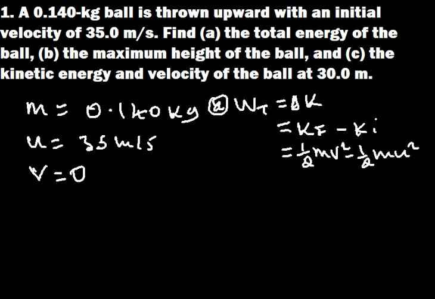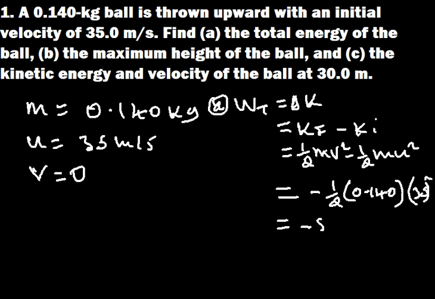That's what it means there. In this case, the final velocity will be given as 0. So we have negative half times the mass, 0.14, times the velocity, which is 35, to the power 2, and the energy will be given as negative 85.8 joules.